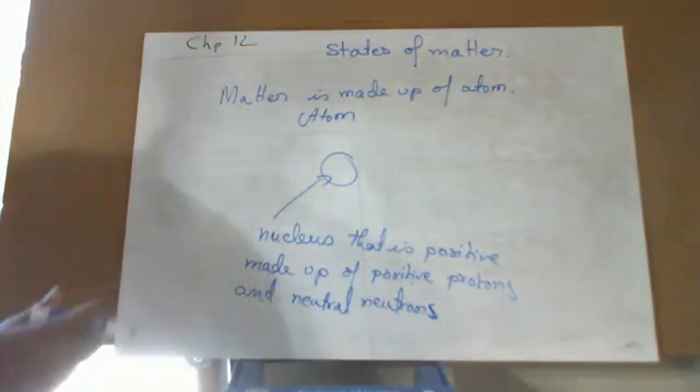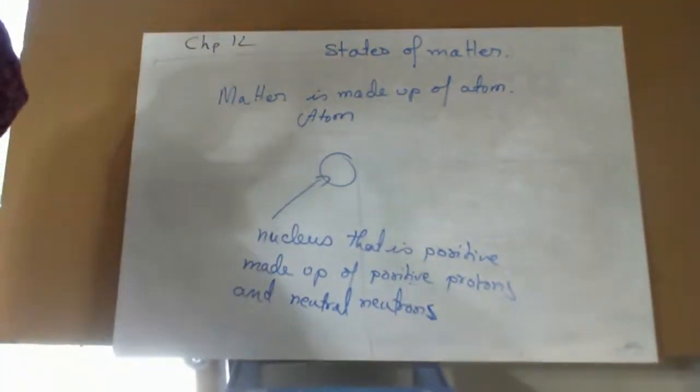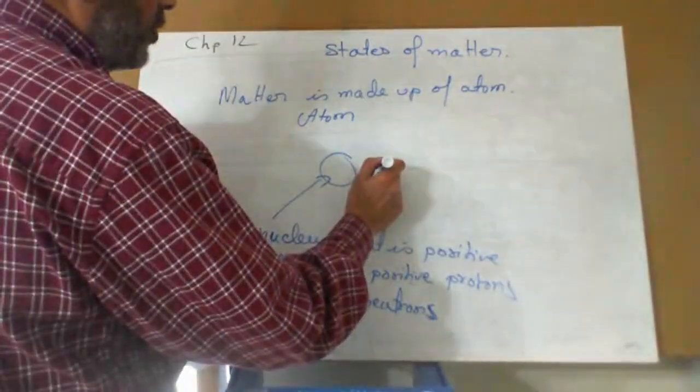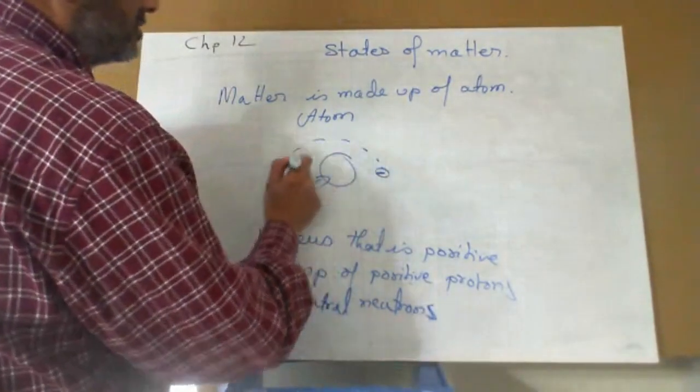Okay. So a nucleus in an atom is made up of protons and neutrons, and then you also have one or more electrons going around.